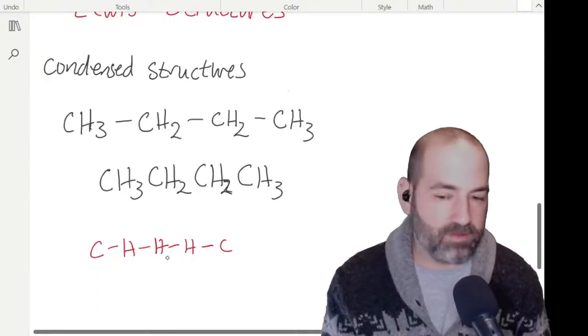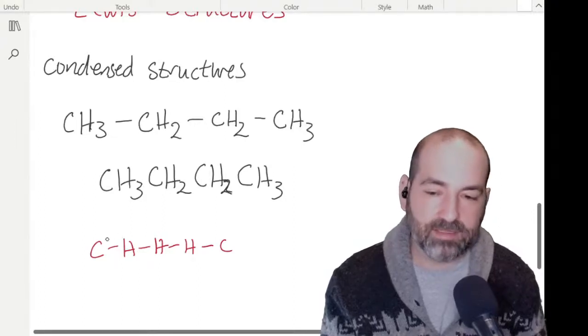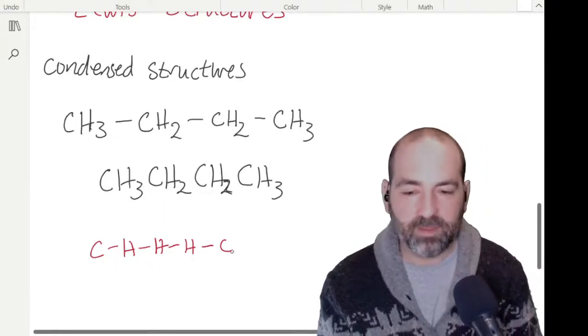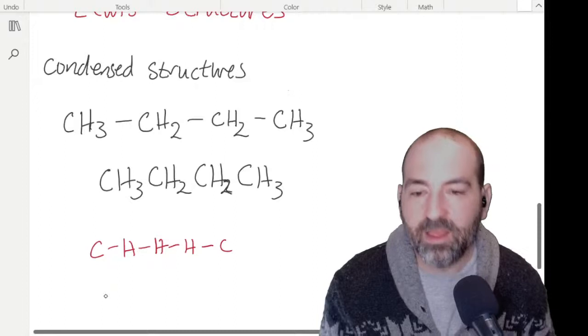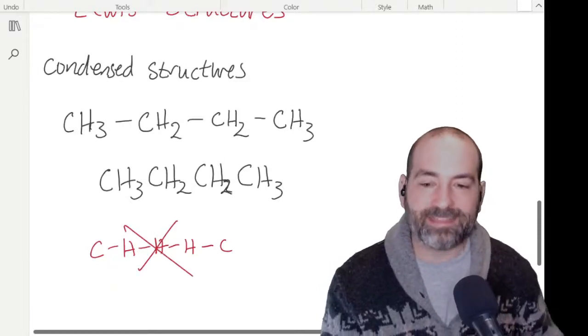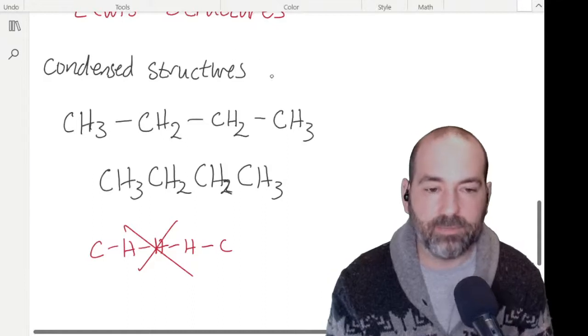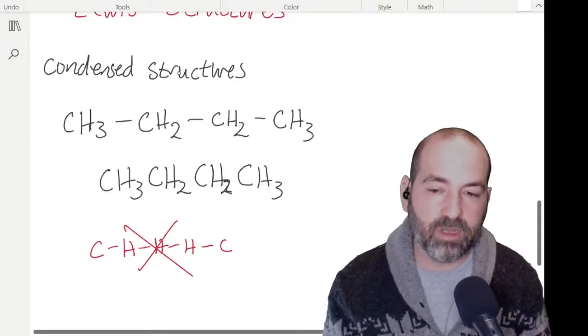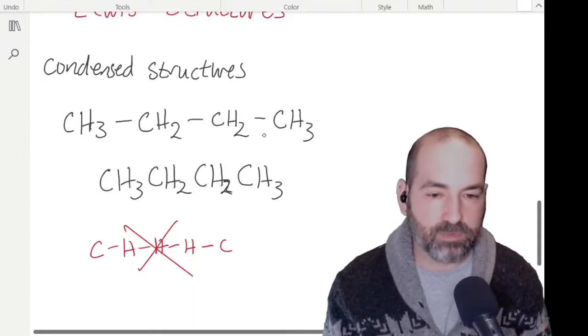So this doesn't follow those rules at all. The hydrogens have 2 bonds, the carbons have 1, and so that's not going to work. So we know now that that's not correct.